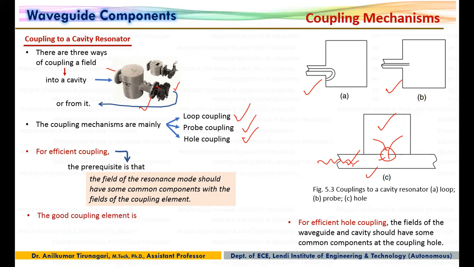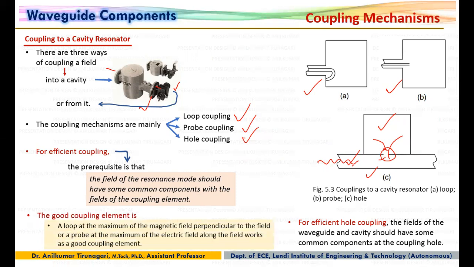A good coupling element means a loop at a maximum magnetic field, perpendicular to the field of a probe. Whereas a maximum electric field along with the field works as a good coupling element. So a loop is said to be a good coupling element when there is maximum magnetic field, and a probe is a good coupling element whenever the maximum electric field can be produced.